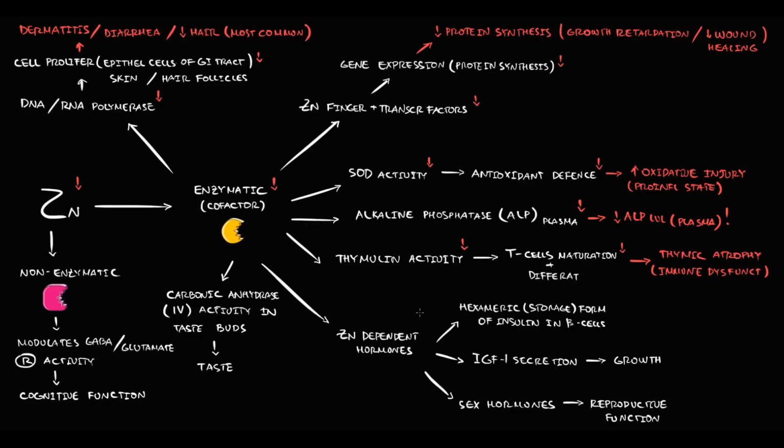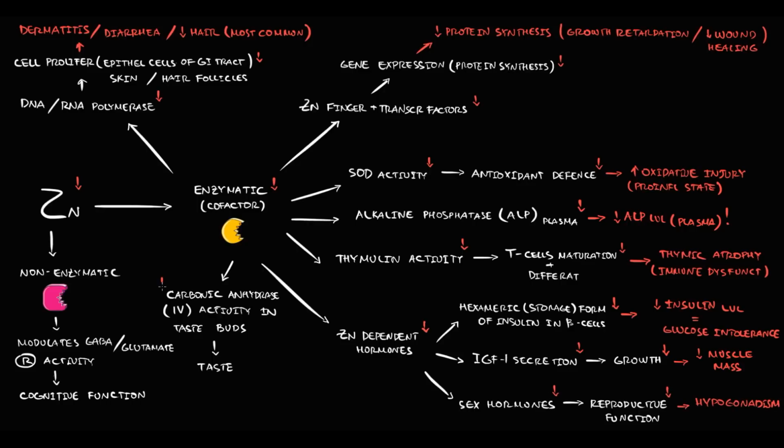With zinc deficiency, the secretion of zinc-dependent hormones decreases. With a decrease in insulin, glucose intolerance develops. A decrease in insulin-like growth factor 1 secretion leads to a decrease in growth and a decrease in muscle mass, and a decrease in sex hormone secretion leads to hypogonadism.